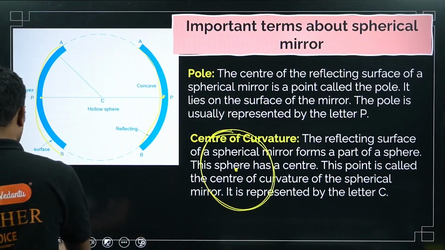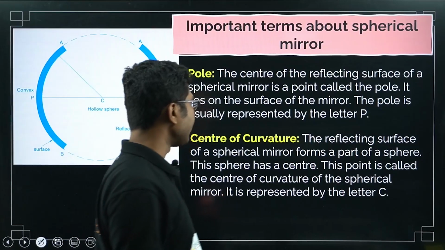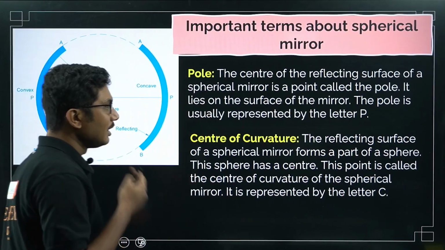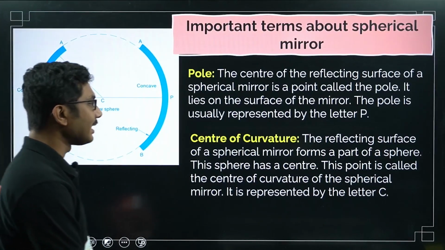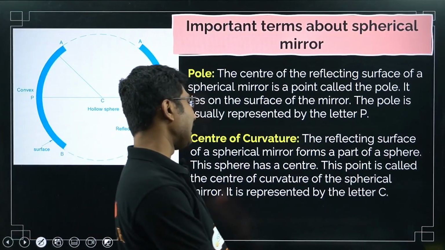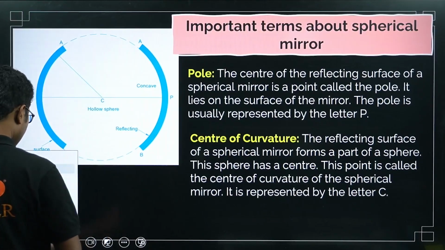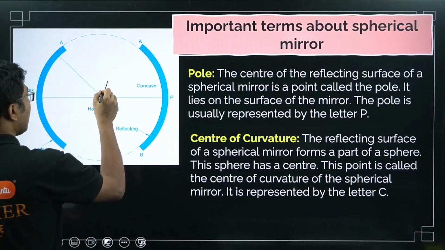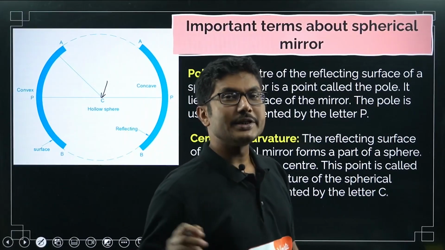Now, center of curvature. What is center of curvature? The reflecting surface of a spherical mirror forms a part of a sphere. This sphere has a center. This point is called center of curvature. So center of curvature is this.